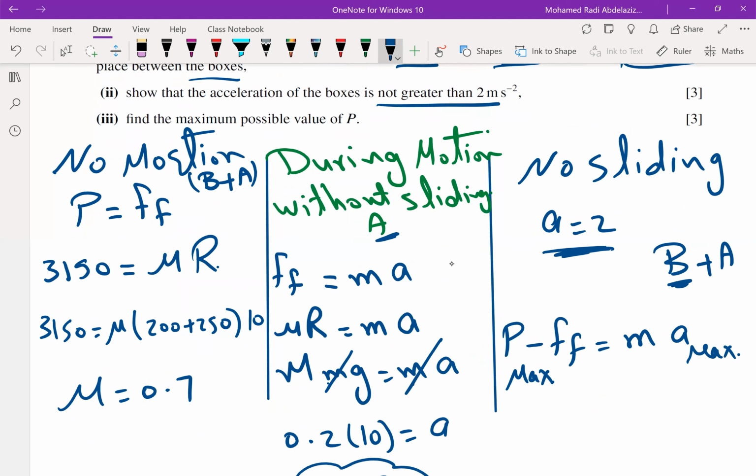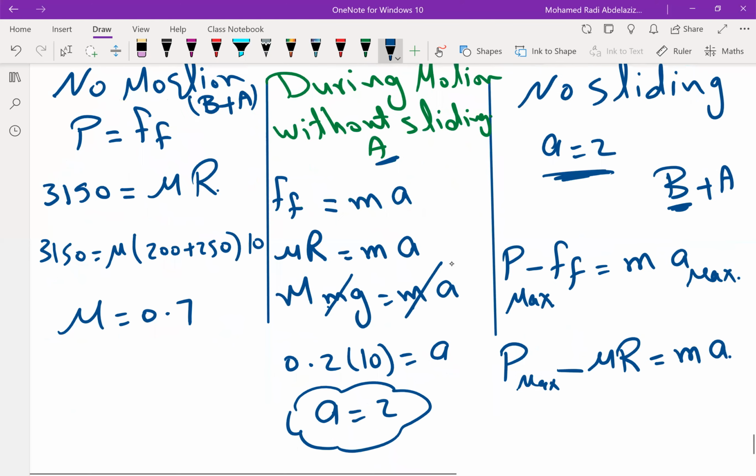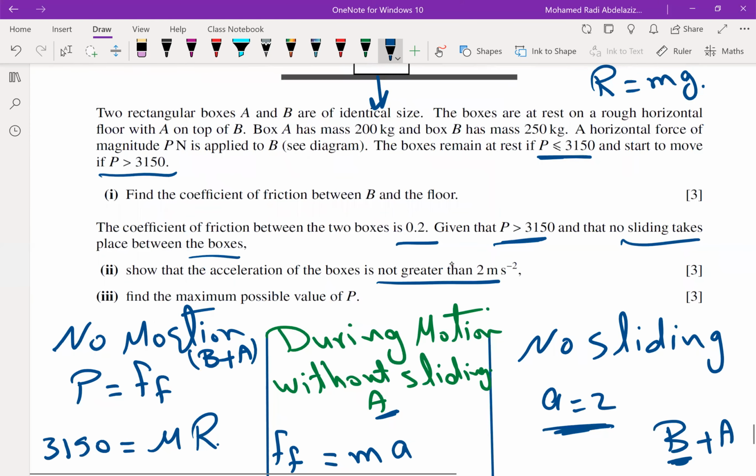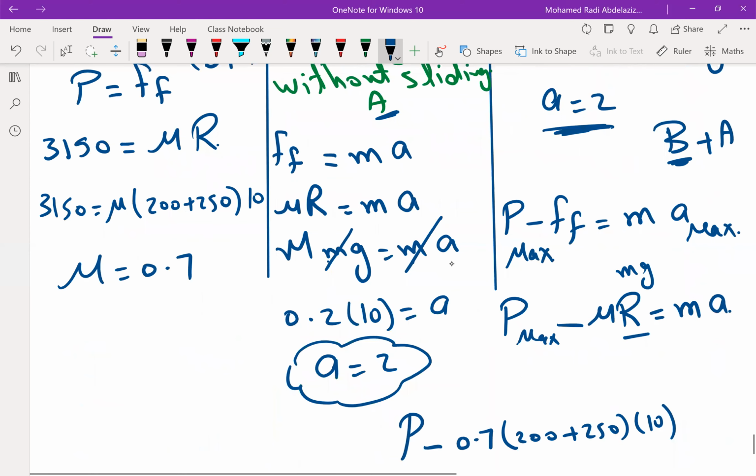The friction force is mu R, equal to M times a, where a is 2. So P minus 0.7 times mg, where M is the sum of both, 200 and 250, multiplied by 10, which is 3150, is equal to the total mass 450 times the acceleration.